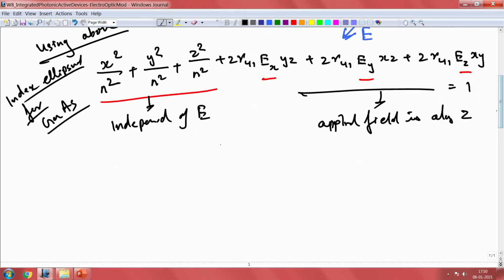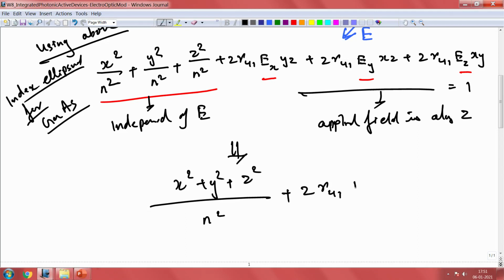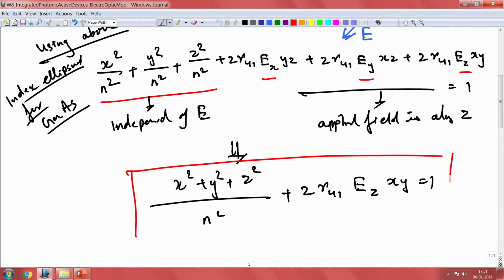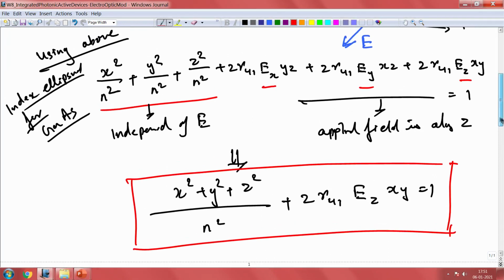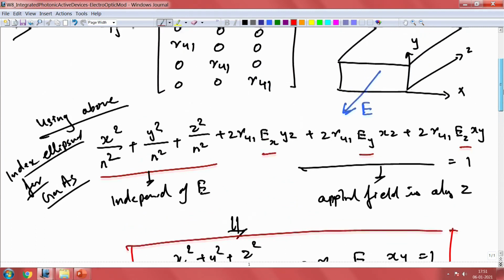So, because of these two conditions, the equation will become even simpler now. So, we can simplify this plus 2 R41 E z xy equals 1. So, this is our modified index ellipsoid when the field is along the z direction. So, that is very important.